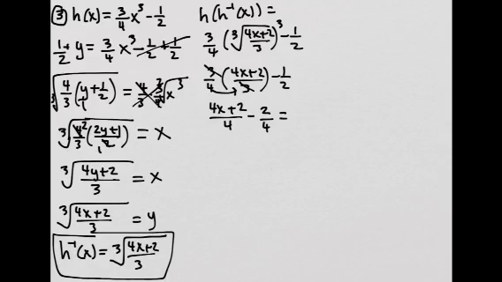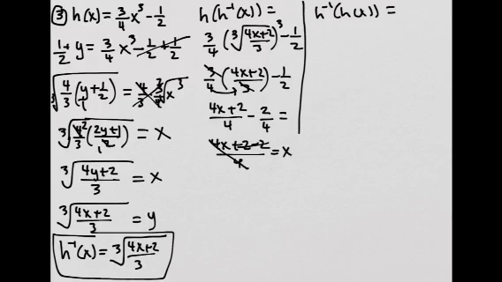So then that gives me 4x plus 2 minus 2 all over 4. The 2 minus 2 is gone. And then I have 4 over 4, which reduces to 1, so that gives me x. And now I do the other direction. H inverse of h of x. And we just draw a line to separate that.